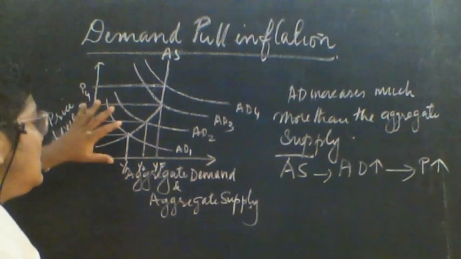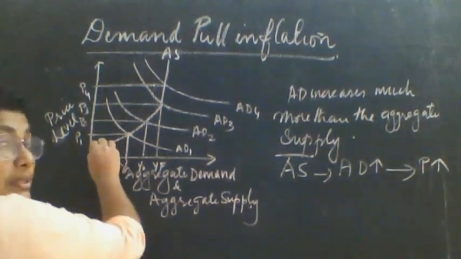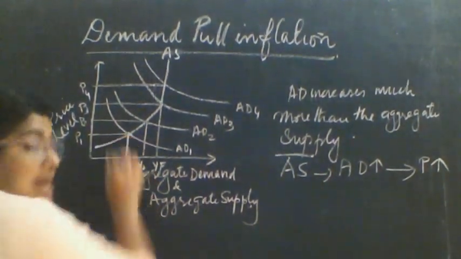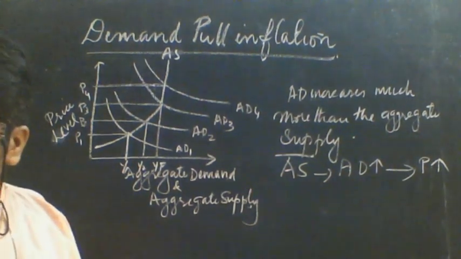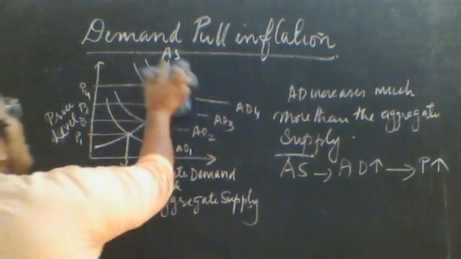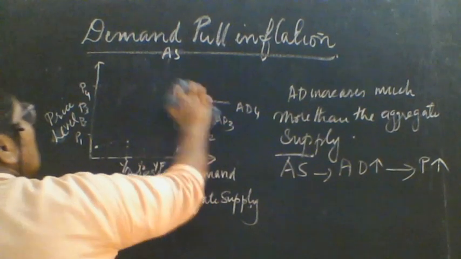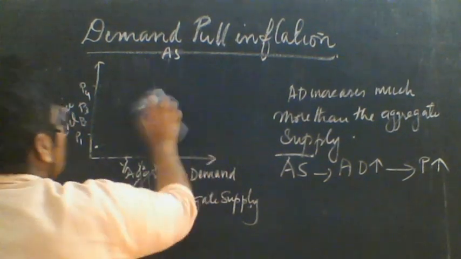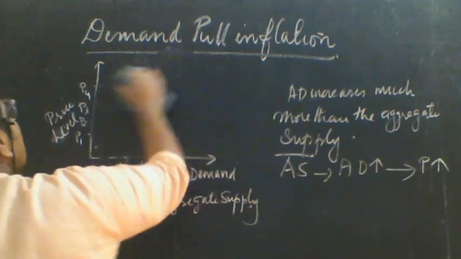See, this is the aggregate supply curve. Shall I remove this so that you will understand and be able to draw it properly.